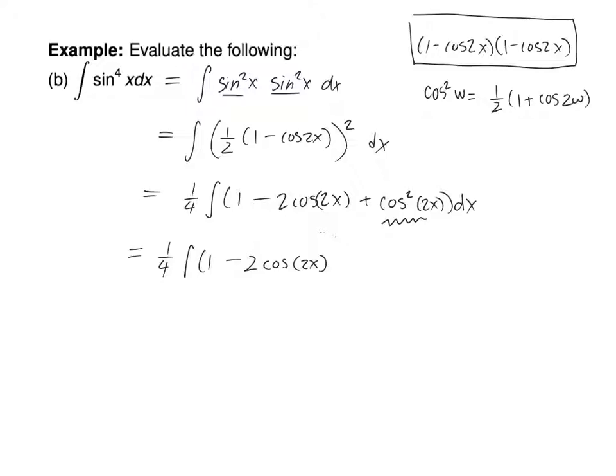It doubles. In the first example, my original angle was x, it became 2x, right? In this one, I have 2x. When that doubles, what does it become? 4x. So this should become plus 1/2 times 1 plus cosine of 4x dx.